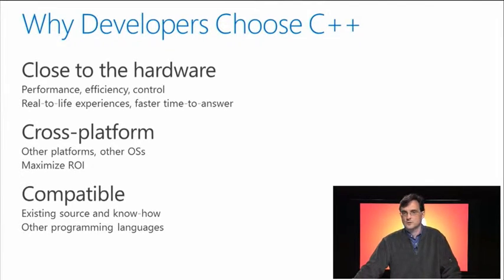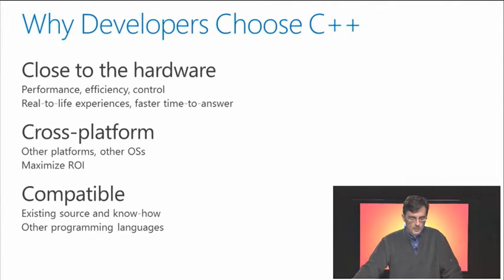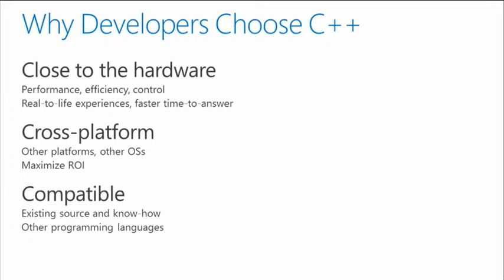And that allows customers, developers I should say, to maximize ROI on their investments in libraries and things like that. It is also compatible with a lot of existing software. C and C++ often form sort of the core of other languages, their virtual machines or their underlying library implementations. So it's kind of at the epicenter of a lot of technologies.